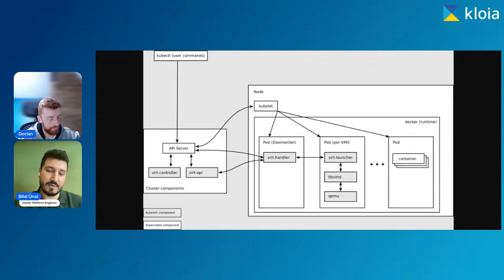But with KubeVirt, since these VMs are a pod in the end, the virtual machines will have an IP from the overlay network. So your VM and your pod, inside the same overlay network, can talk to each other without any hacky ways or needs.